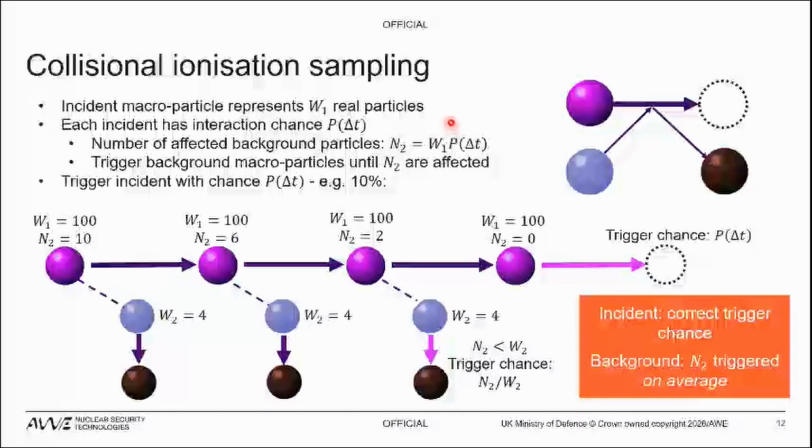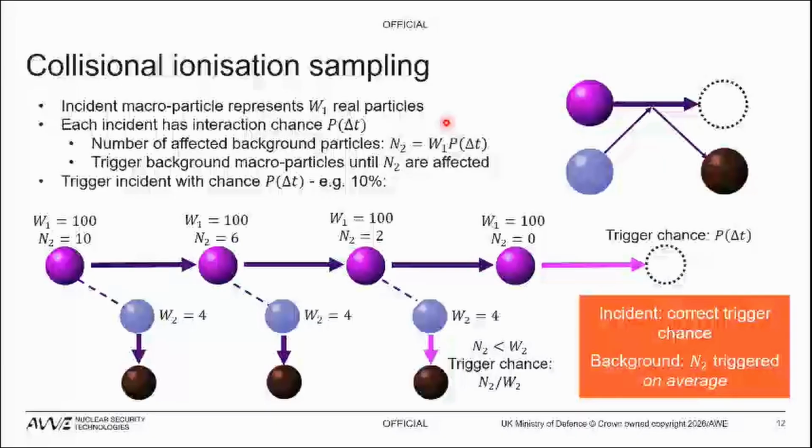We have an incident macroparticle which has weight W1. That's how many real particles it represents. Each of those incident macroparticles has an interaction chance of P delta T, the thing that I said at the very beginning, based on the rate of that process, which means that we have W1 particles, each with a P chance of affecting a background.